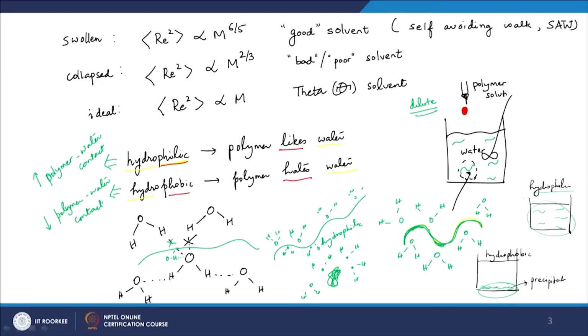Okay? Now, think of a situation that if I now raise the temperature, what will happen? If I now raise the temperature, entropy will dominate, and entropy always favors a mixed state like this. Entropy does not favor this kind of a state.